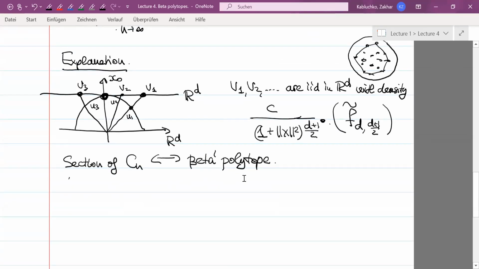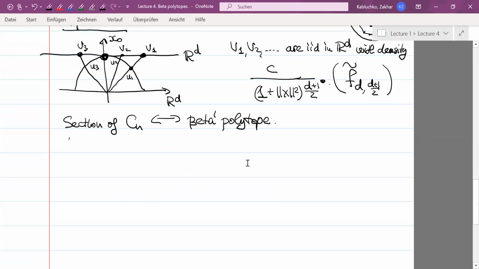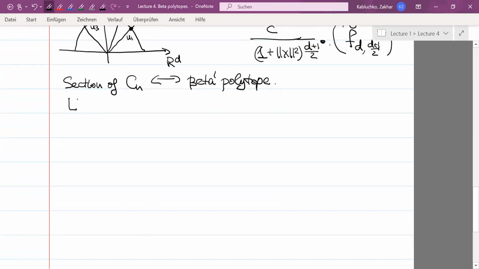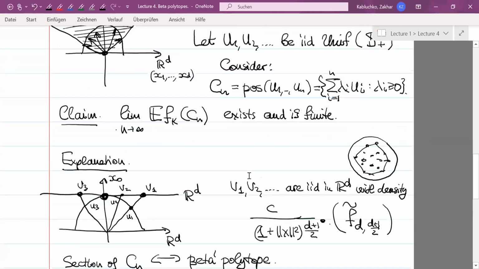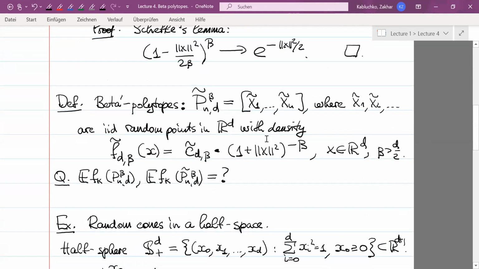Now the reason is that the beta prime polytope itself converges in some sense. And we shall prove it by using extreme value theory. Namely, the beta prime distribution, recall that it has this form, is a heavy-tailed distribution. It has power law tails. It decays like a power of x. And that's why it belongs to the domain of attraction of the Fréchet distribution.